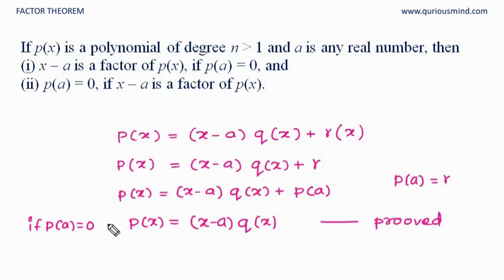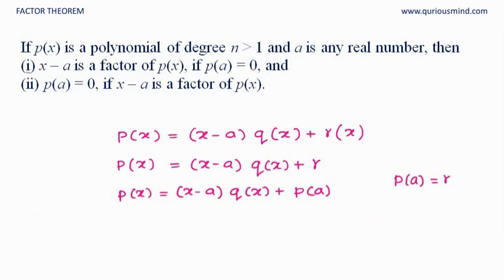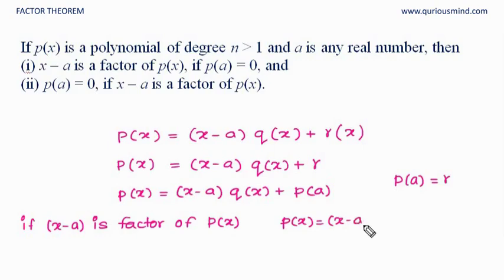Now let's look at the second one. Here, what we are saying is if x minus a is a factor of P(x), then P(x) must be x minus a multiplied by some polynomial in x.